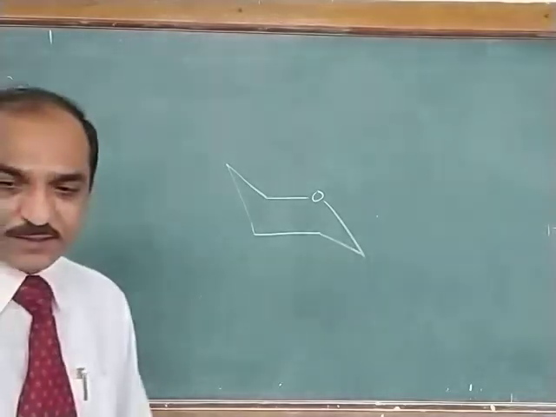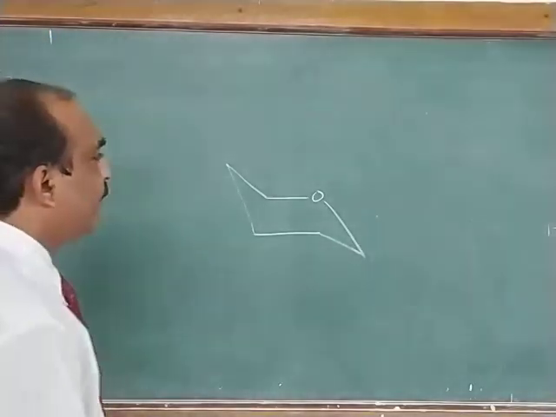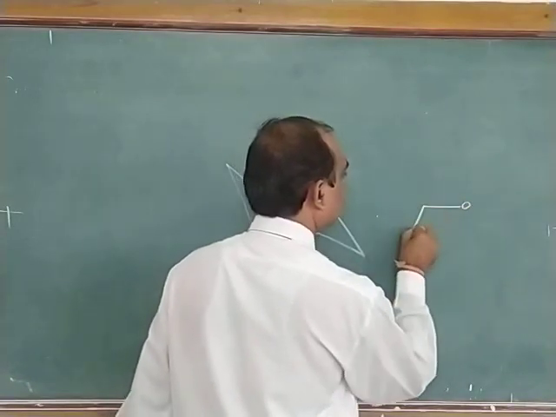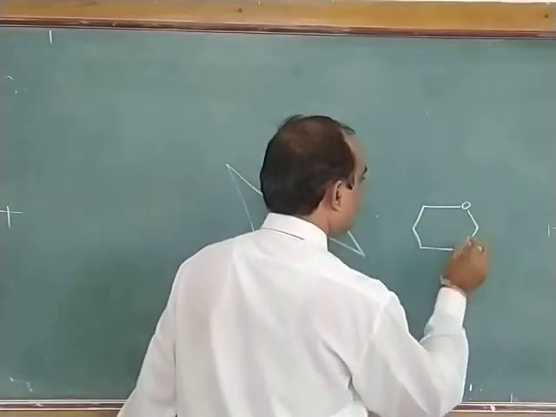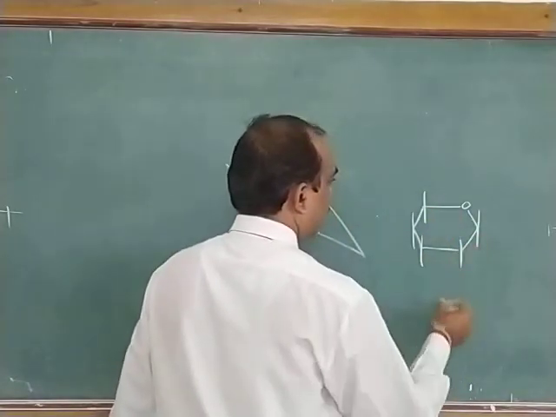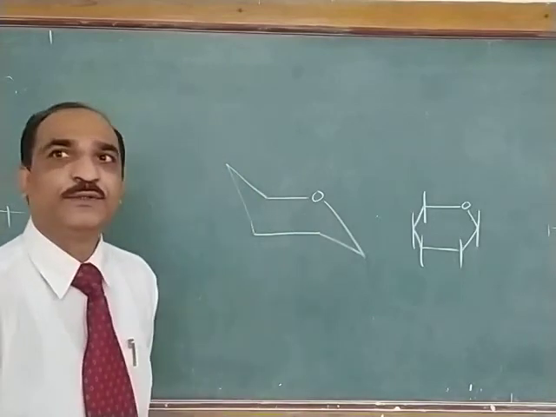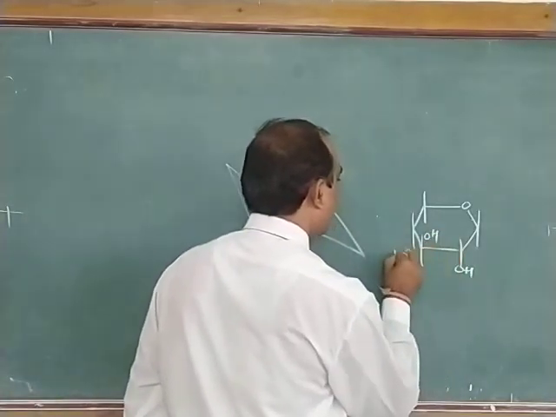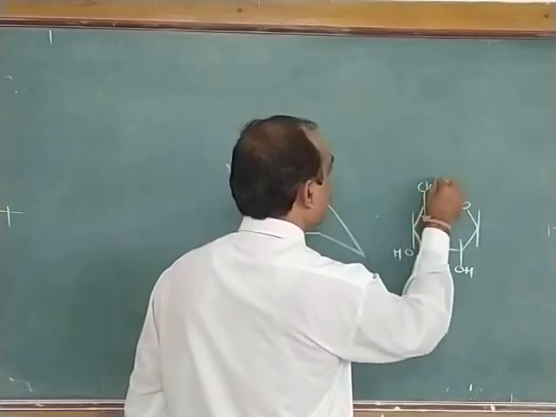Now I erase that structure of glucose once again. I will draw this. Which side is OH? Here is the OH, here is the OH, OH, CH2OH.